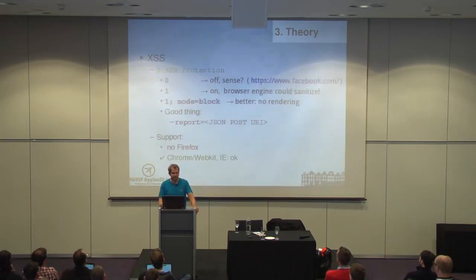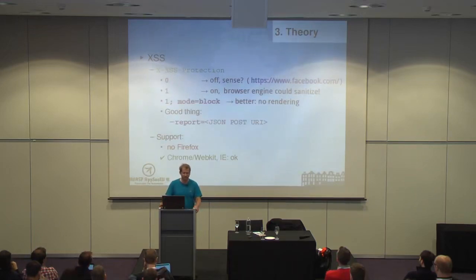X-XSS-Protection, there are a couple of values you can add. 0 is off. I don't know when that makes sense, but Facebook does use it. Probably it completely shuts off the whole sanitization within the browser for cross-site scripting. 1 is on, which means the browser can sanitize, but the best thing to do, if it works, is 1 on and mode block, which is a hard failure.